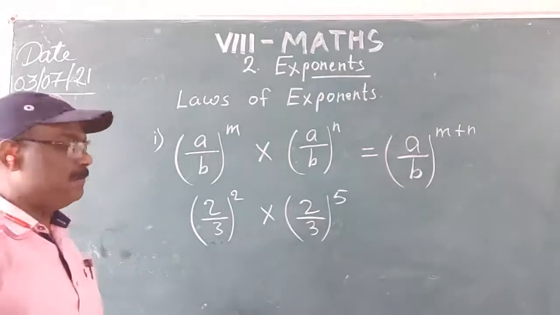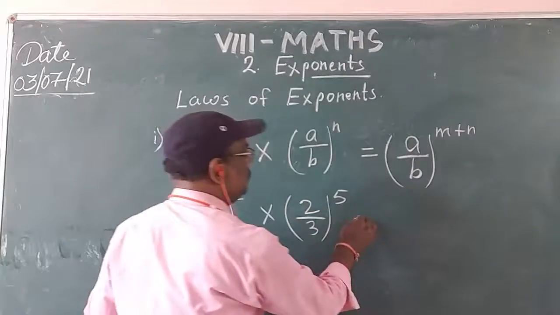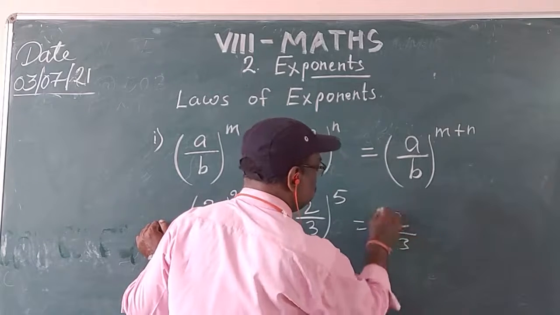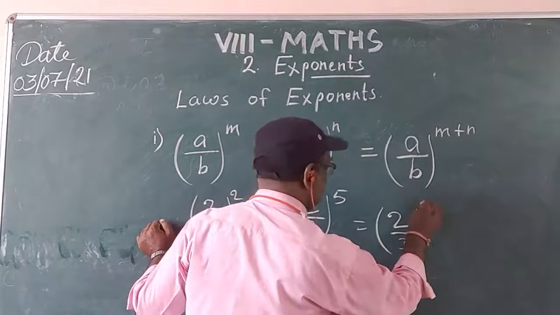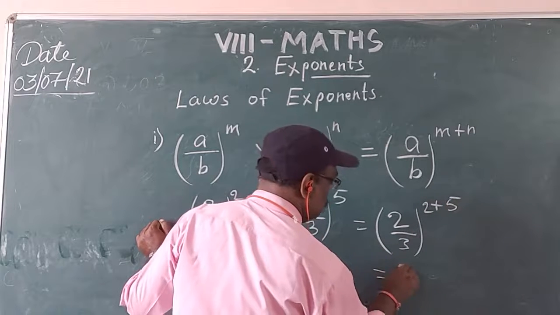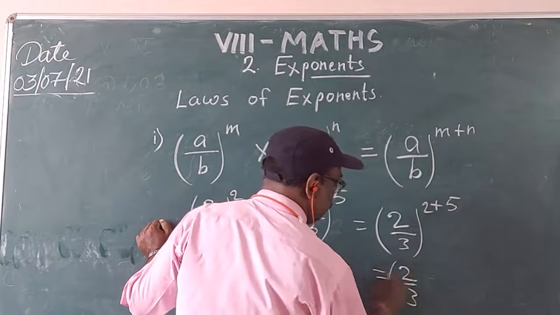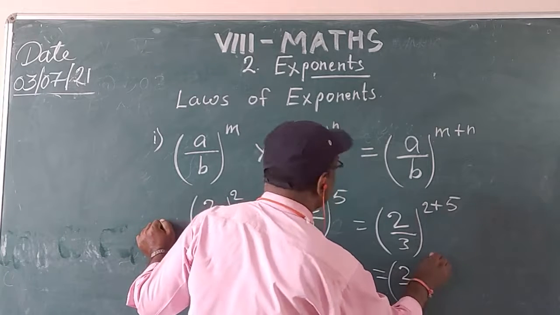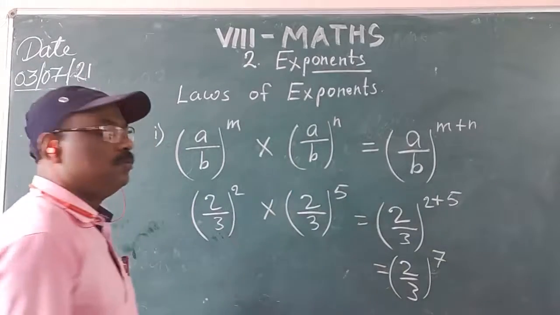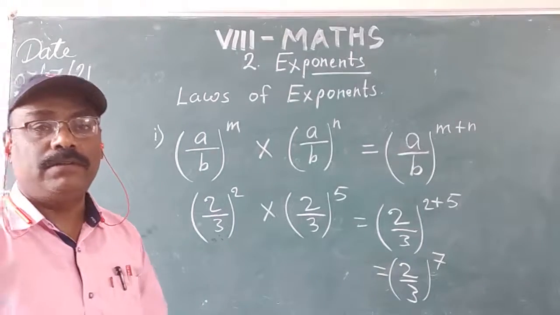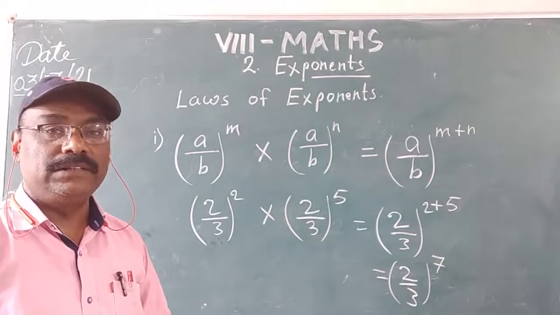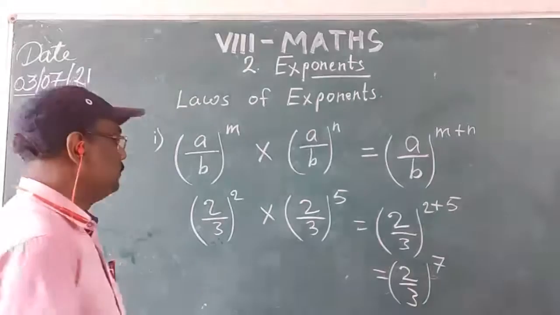But the bases are the same, so I apply this law. I take the common base 2 by 3 and add the powers, 2 plus 5 is 7. So 2 by 3 to the power 7 will be our answer. Okay, so this is the first law.